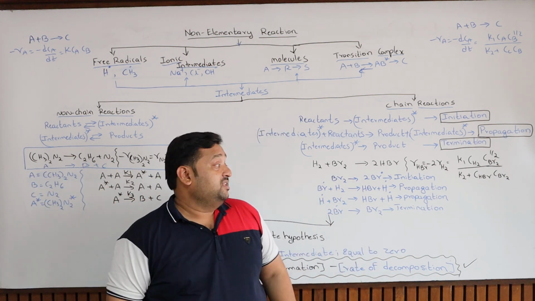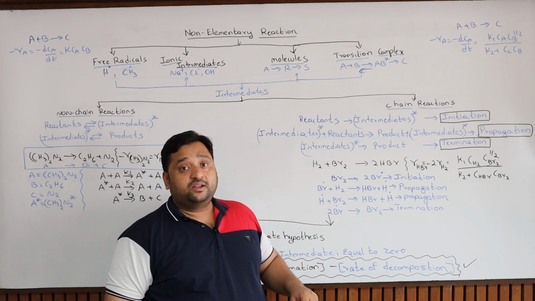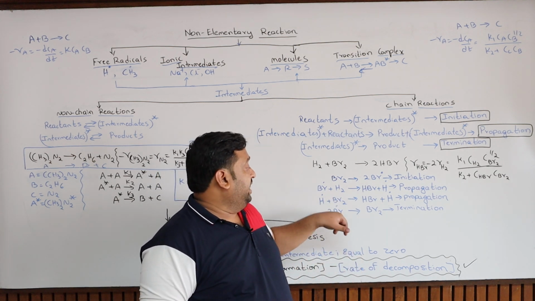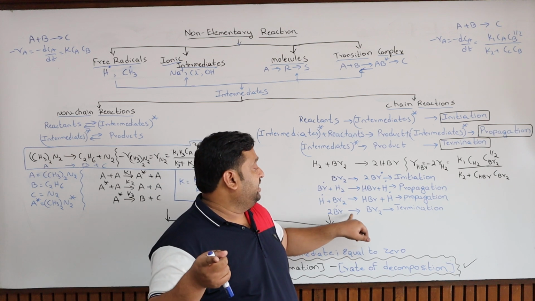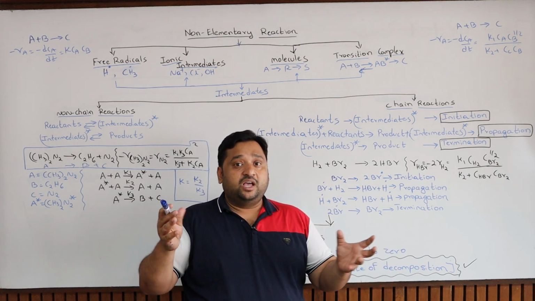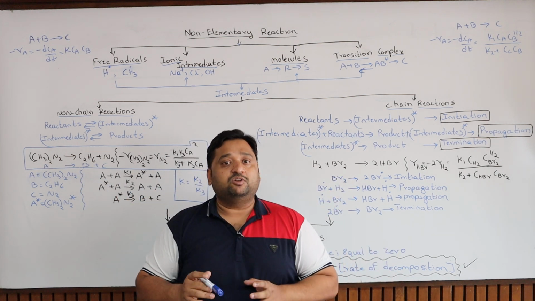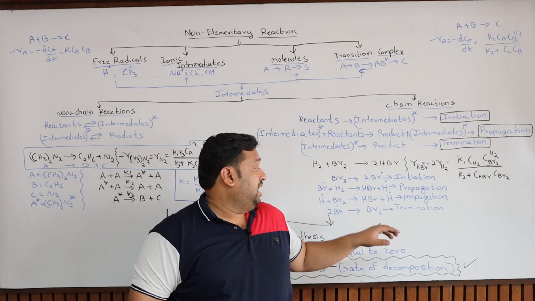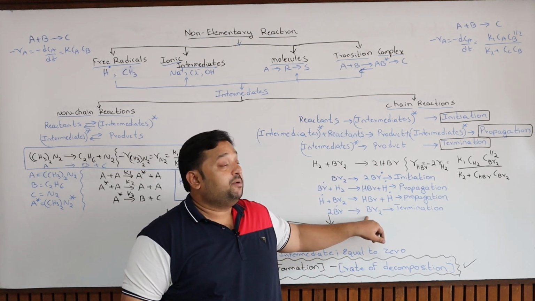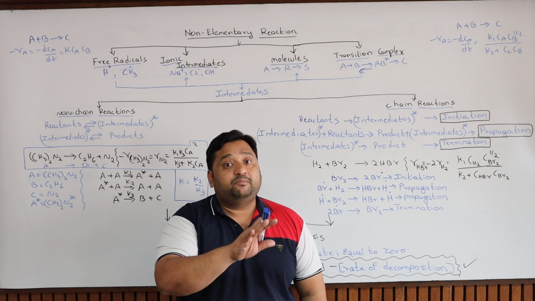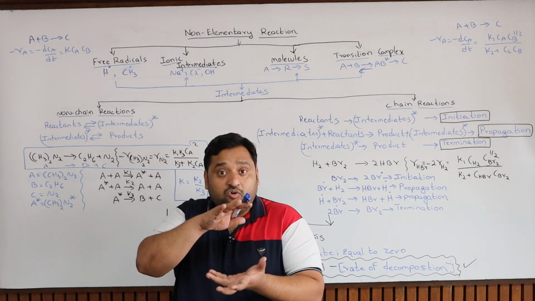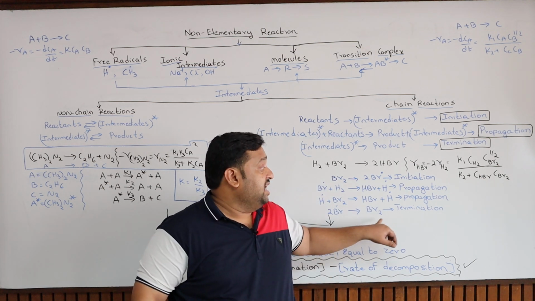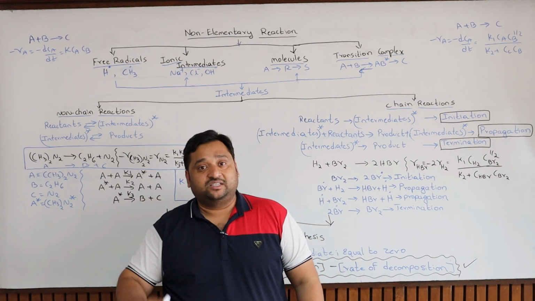Then finally, 2 Br, the 2 intermediates of bromine, give rise to Br2. That means these 2 bromine atoms will become a normal molecule, and you can see the intermediate is becoming a normal molecule. That means intermediates are getting short in the reaction because of this. That is what is called the termination reaction.